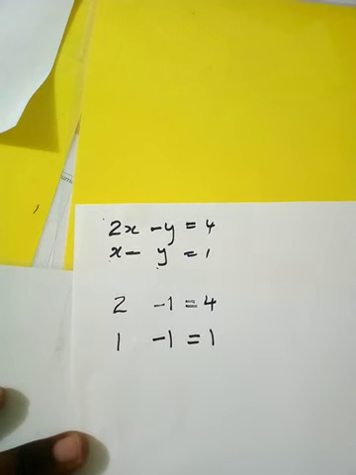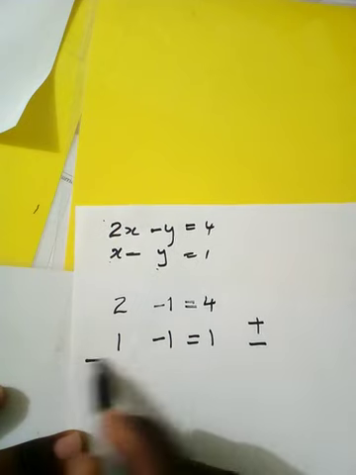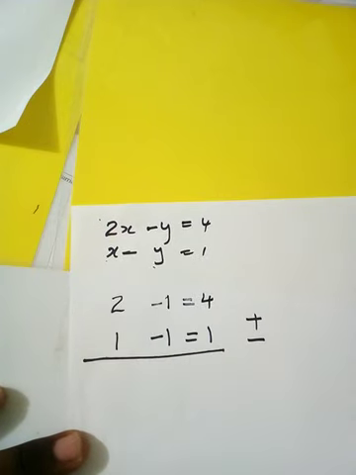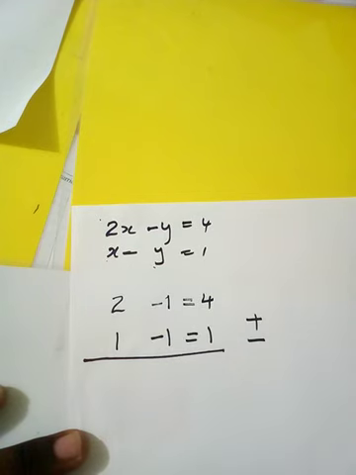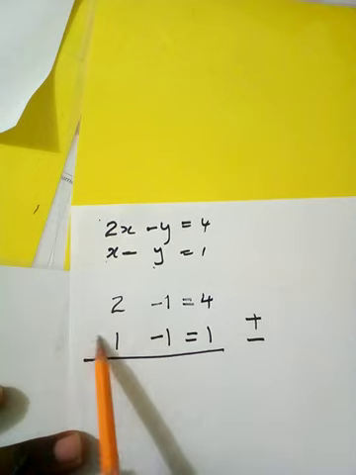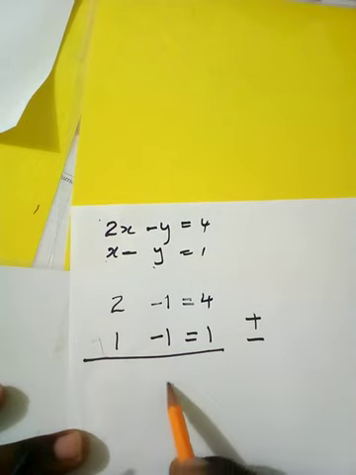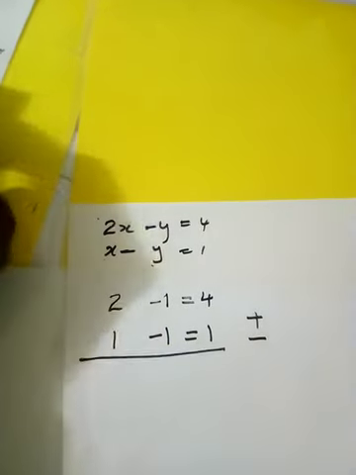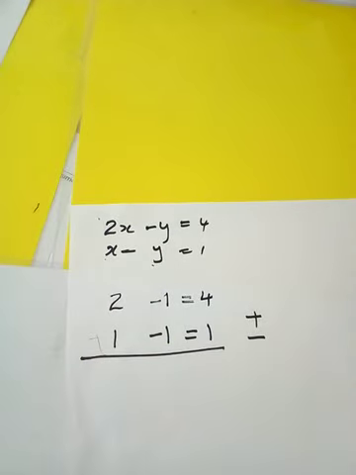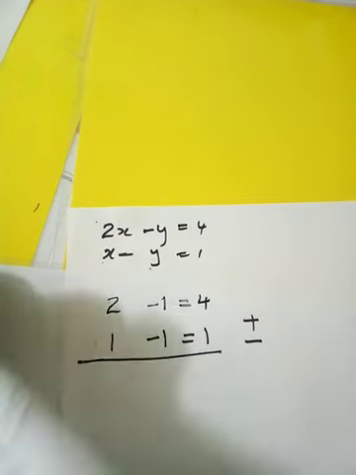Then we need to eliminate by either adding or subtracting. We have to play around with it to see which one works. So we draw our line. Now the focus is on the ones that are the same. This is where it becomes tricky because we have negatives, so you have to be careful. Now you're going to ask yourself, if I put an addition sign here, and I had -1 plus -1, look at it.